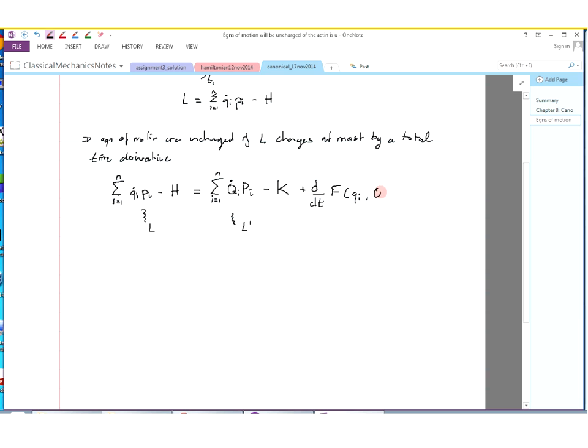So let's choose the case where it mixes the little qi with the capital Qi's, and that can depend on t. So this function here must mix the new and old coordinates.